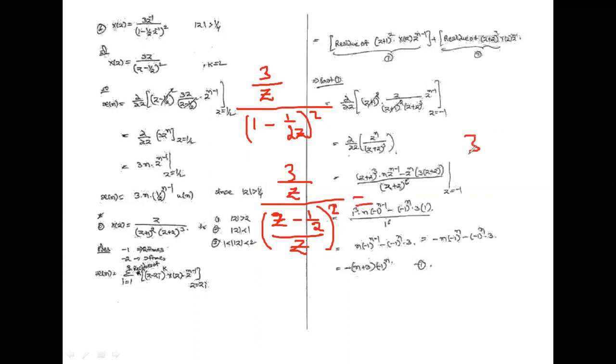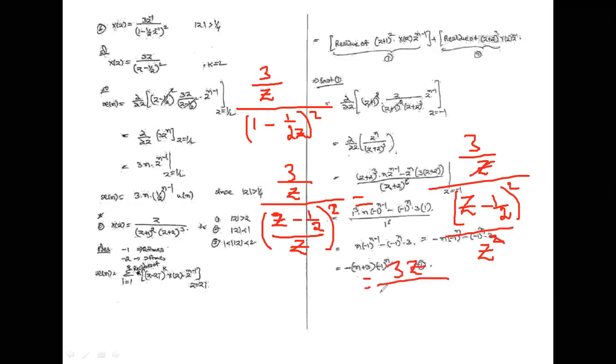3 by z whole divided by z minus 1 by 2 whole square, and the denominator is also z square. So z and this square will get cancelled. It becomes 3z whole divided by (z minus 1 by 2) whole square.